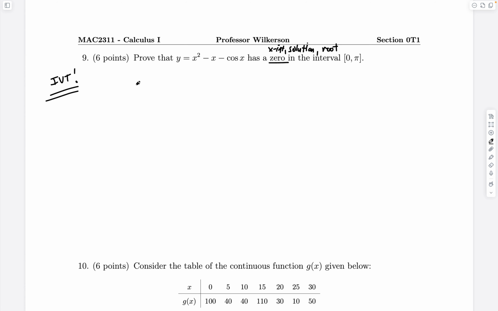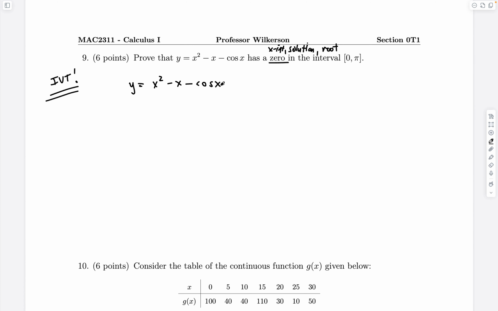So first things first, I'm going to state whether this is continuous. So x squared minus x minus cosine of x. X squared minus x is a polynomial, so that's for sure continuous. Cosine is a trig function that is continuous everywhere in its domain. You think about the cosine graph, it's a sinusoid that goes up and down over and over for all x values.